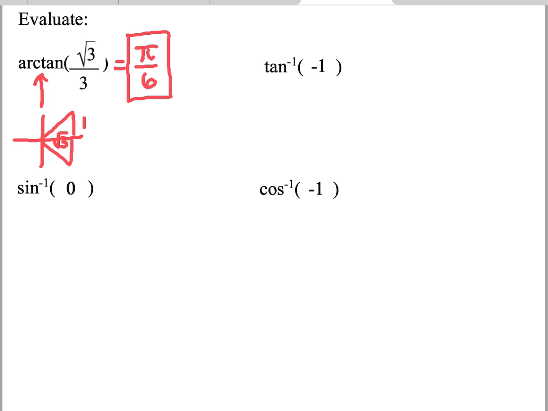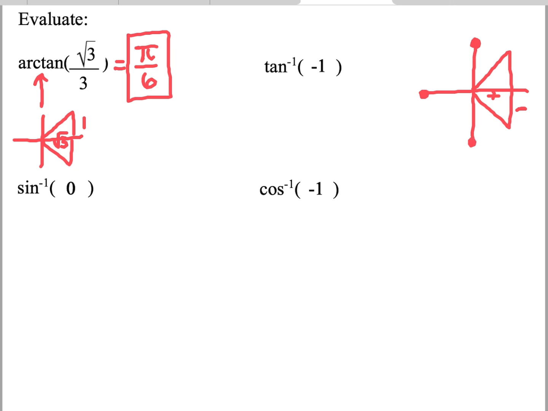Where am I going to get a negative tangent? I'm restricted to only quadrant 1 and 4 again. How do you get a negative tangent? Probably by going opposite over adjacent in the fourth quadrant, yeah? This one sometimes tricks me because whenever I see zeros and ones, I think it's going to be a point on the unit circle, but not this one.